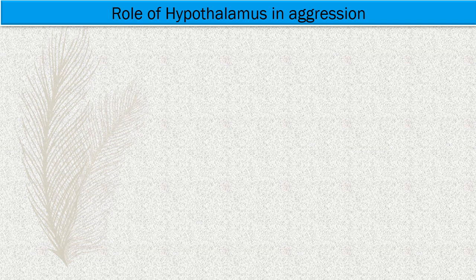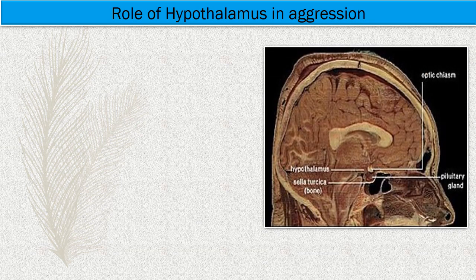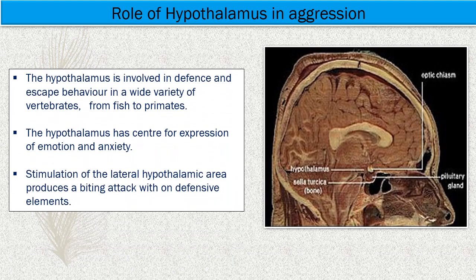Let us see what the role of the hypothalamus is in aggression. The hypothalamus is situated near the pituitary gland and it plays a very important role in animal aggression. The hypothalamus is involved in defense and escape behavior in a wide variety of vertebrates from fish to primates.